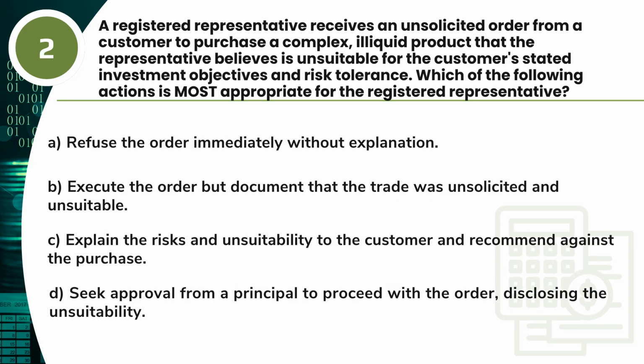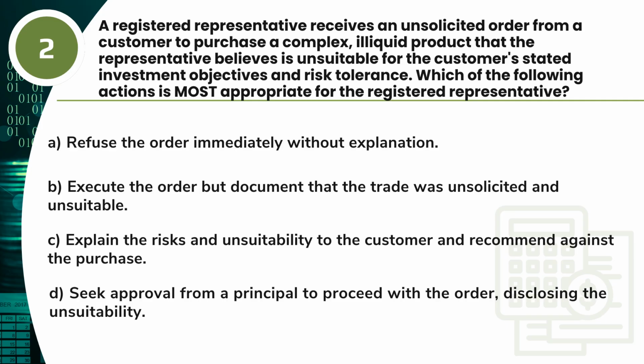Question 2. A registered representative receives an unsolicited order from a customer to purchase a complex, illiquid product that the representative believes is unsuitable for the customer's stated investment objectives and risk tolerance. Which of the following actions is most appropriate for the registered representative? A. Refuse the order immediately without explanation.